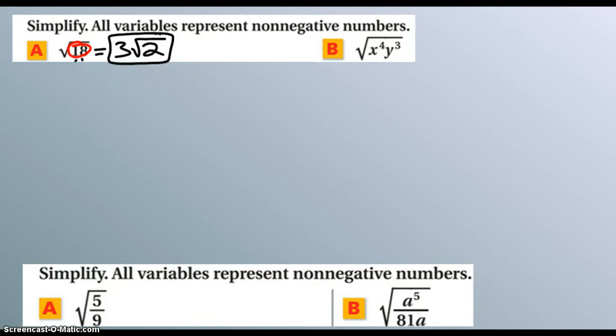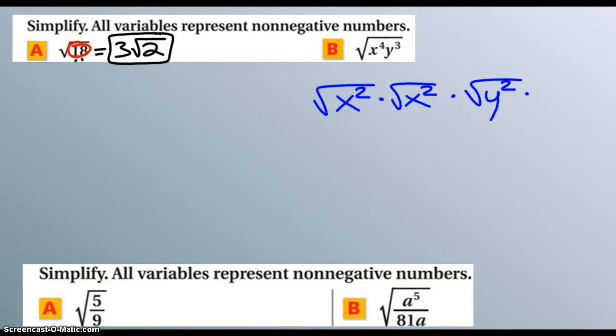If you look at b, no numbers involved, but we can take out certain things here. I know that I can break up x to the 4th like this, since x to the 2nd times x to the 2nd gives me x to the 4th. And I could break up y to the 3rd like this. y to the 2nd times y to the 1st gives me y to the 3rd.